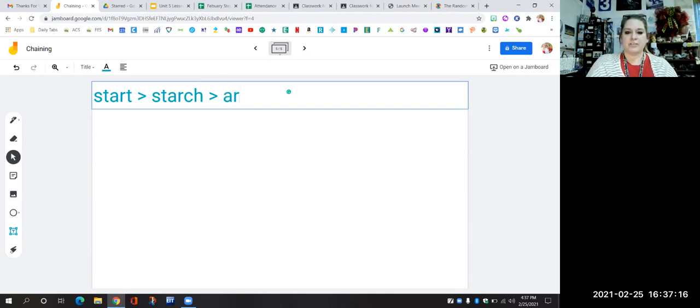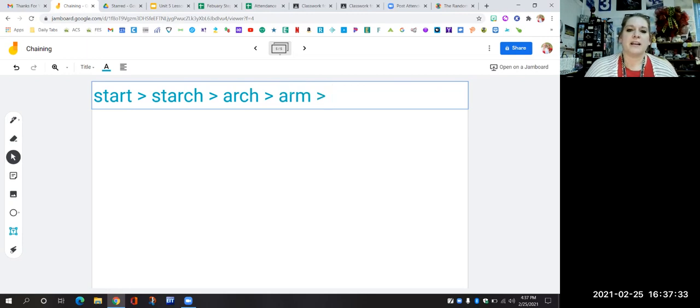So it's just arch. All right, so now we're going to take the word arch and we're going to change the ch part to m. That's right, we have arm.